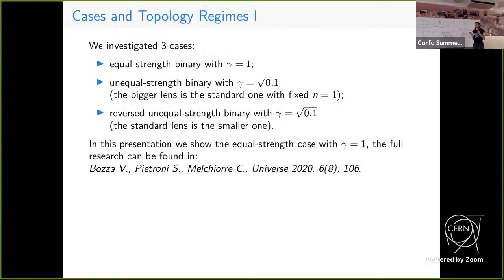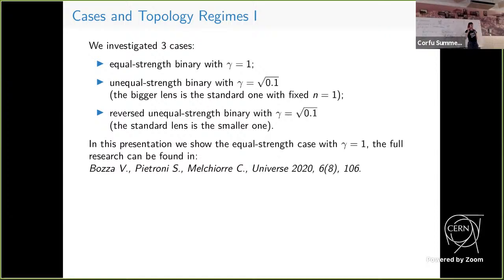What I investigated are 3 cases according to the parameter gamma. So for gamma equal to 1 is the equal strength binary. For gamma equal to the square root of 0.1 is an unequal strength binary. It means that the bigger lens is the standard one with a fixed n equal to 1.